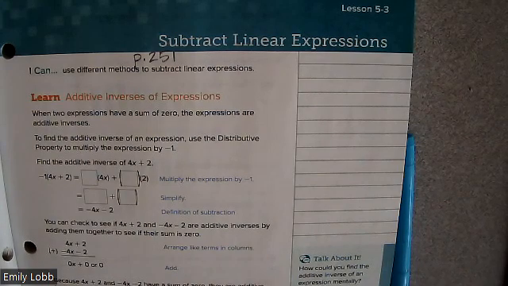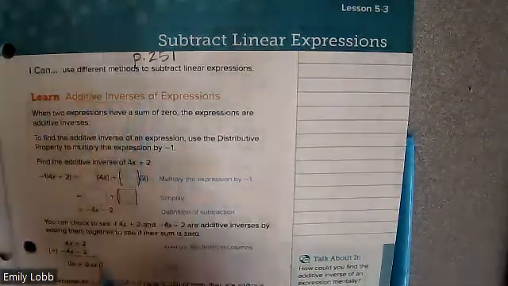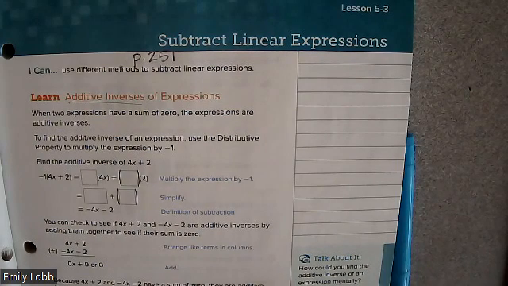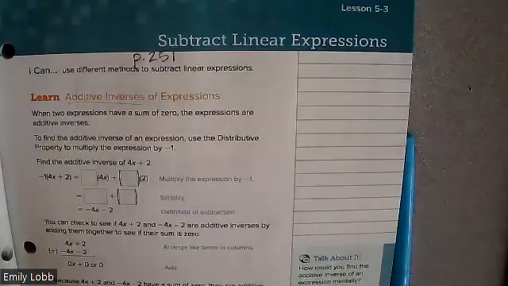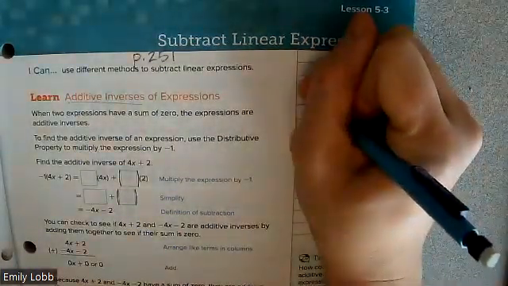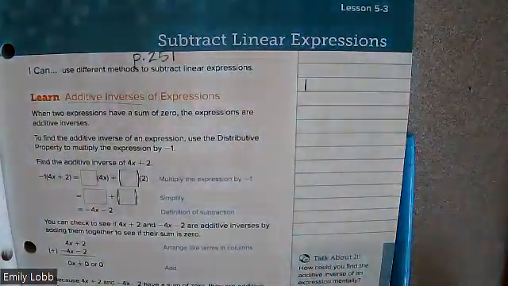So the first thing that they're showing us what to do is finding the additive inverse of expressions. Well, we talked about additive inverses when we were talking about opposite integers, right? If we combined it with that, it would make 0. So we said the additive inverse of 1 is what?